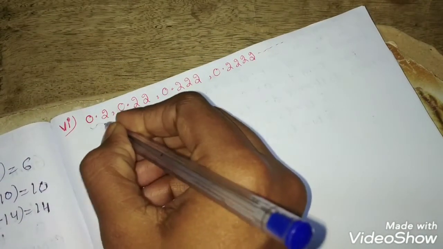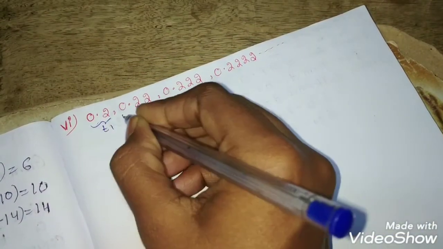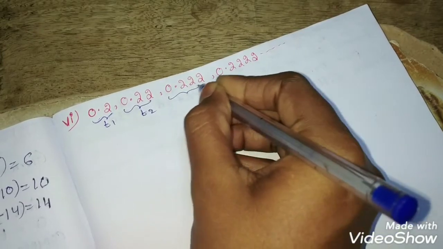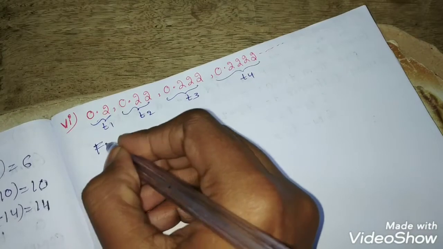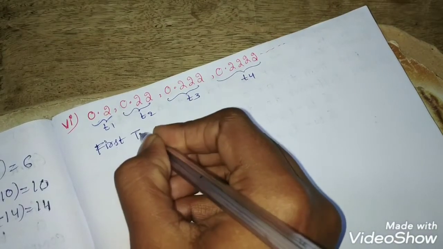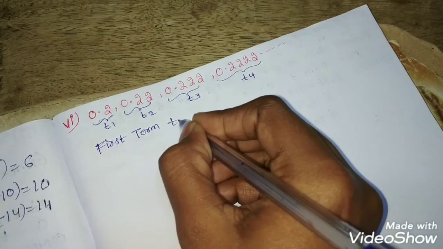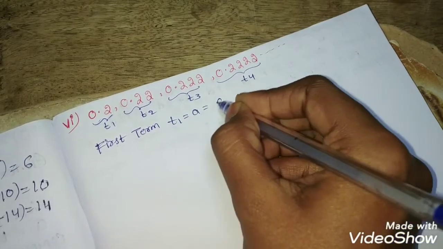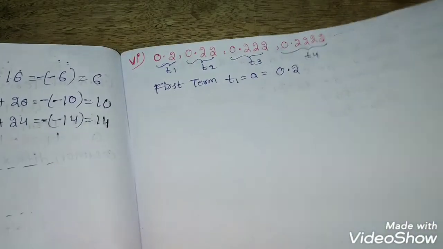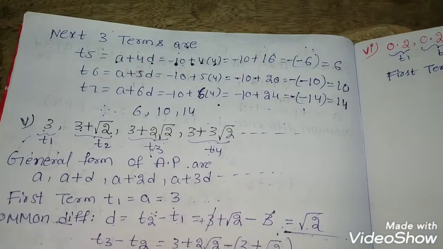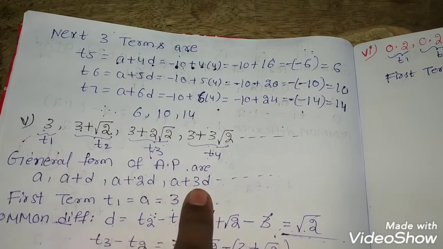This is term 1, term 2, term 3 and term 4. What is the first term here? First term t1 is equal to a, equal to 0.2. Why do we get a here? Because in the general form we have a, a plus d, a plus 2d, a plus 3d.